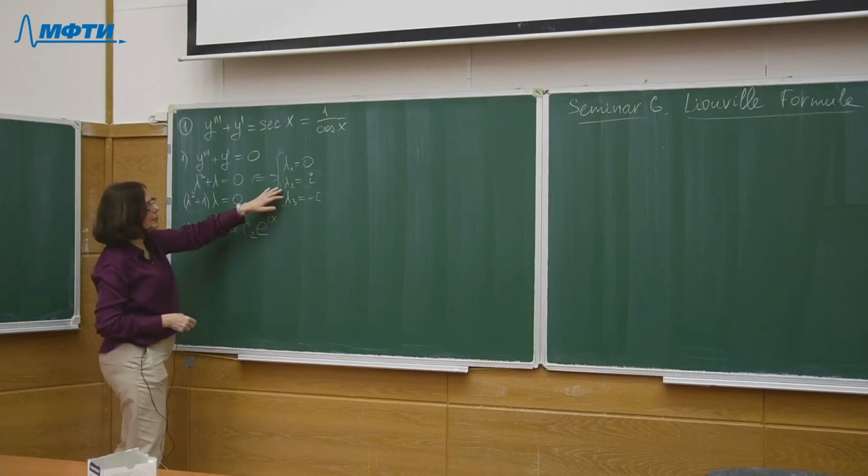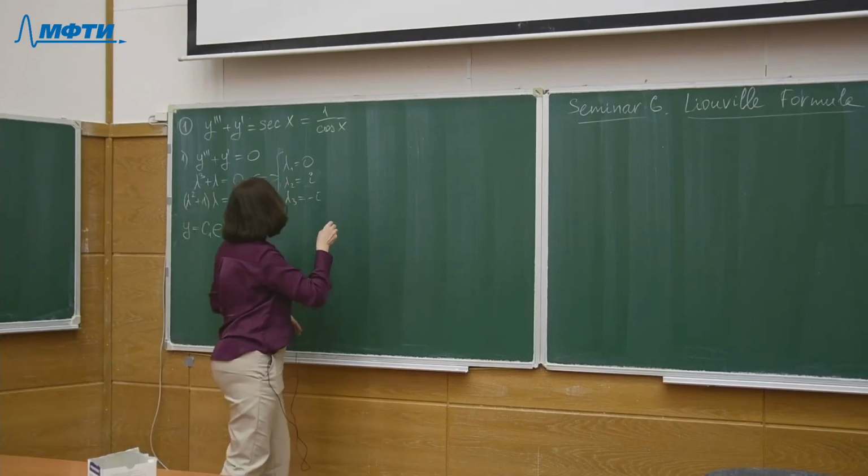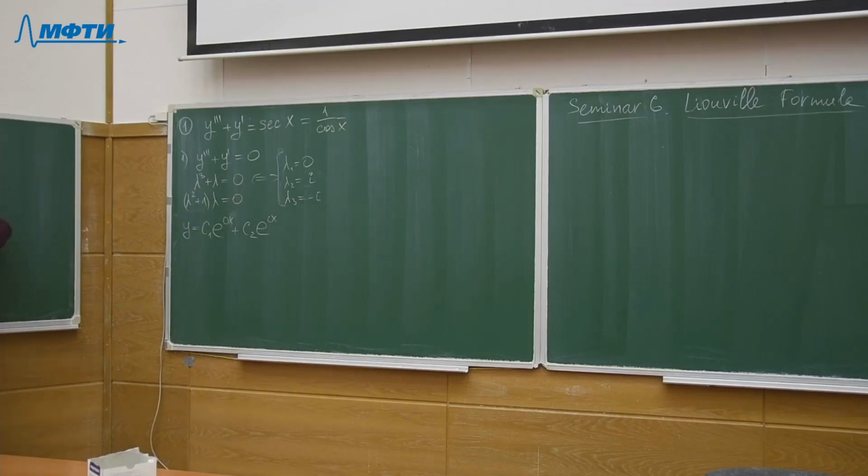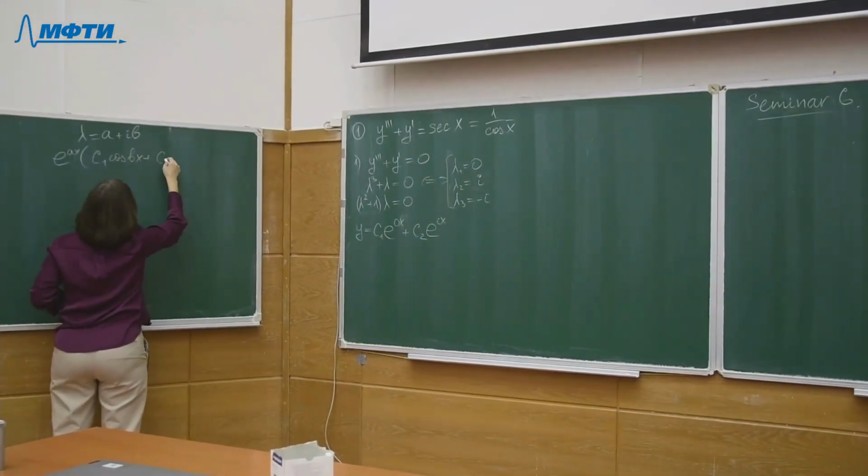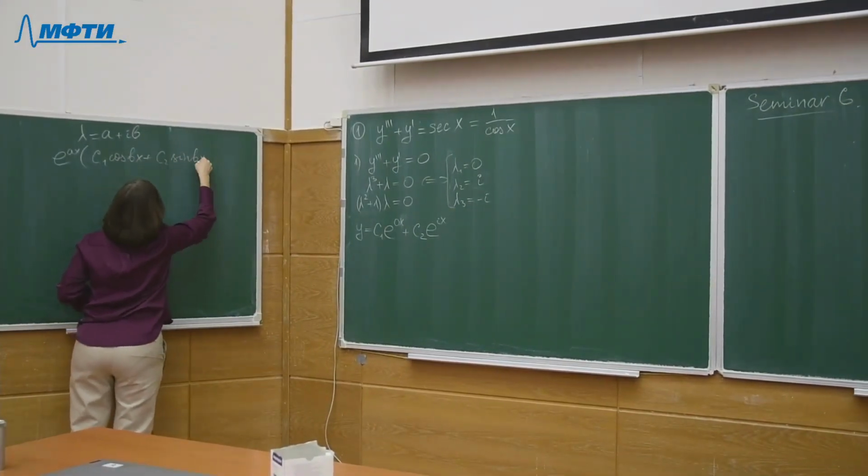The rule is this: if a root of the characteristic equation is a plus ib, then this root corresponds to the solution of the differential equation having the form e to the power ax times c1 cos bx plus c2 sine bx.